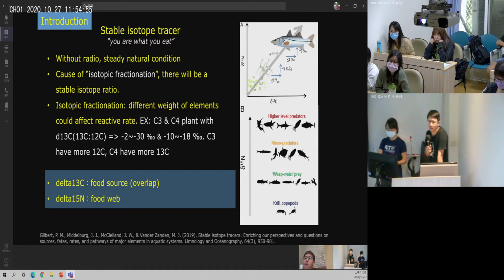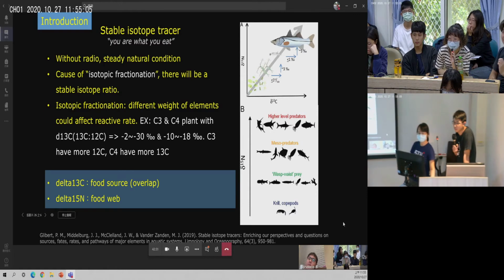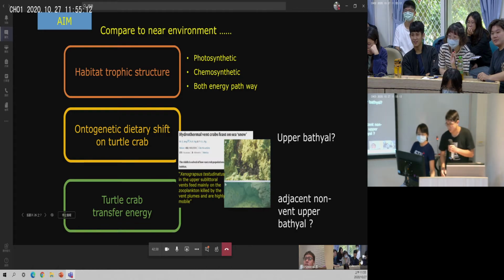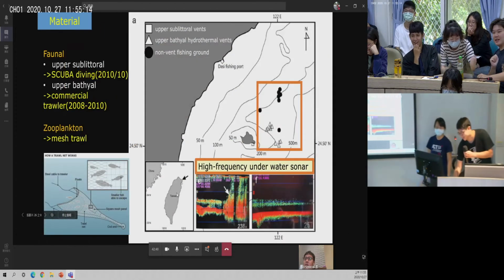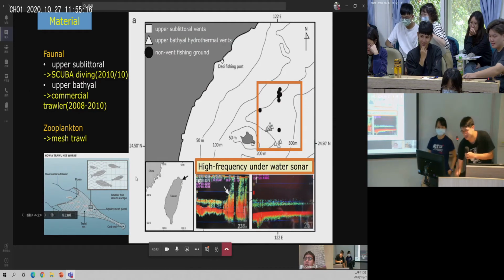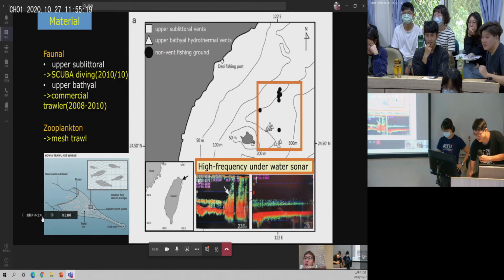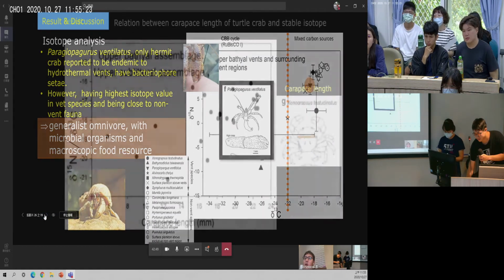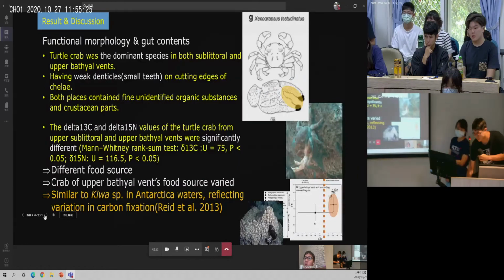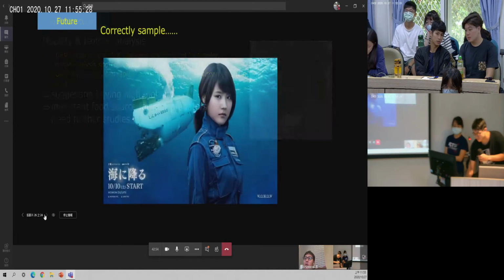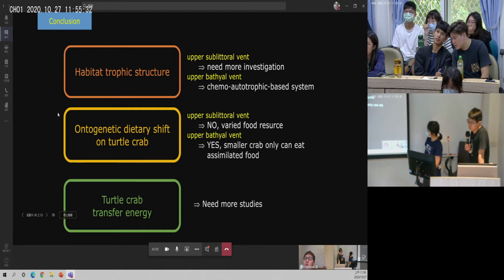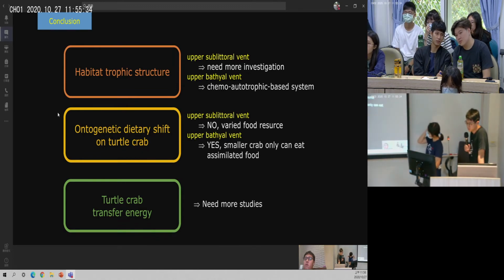Could you briefly explain your discussion? Because it's too much information. Okay, now it's just a conclusion. So this research wants to know three things.